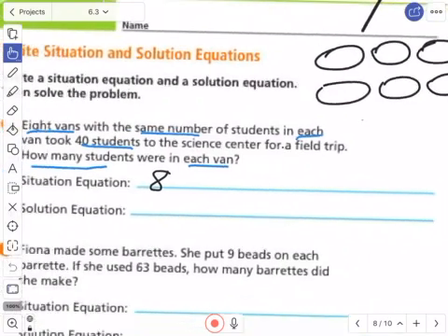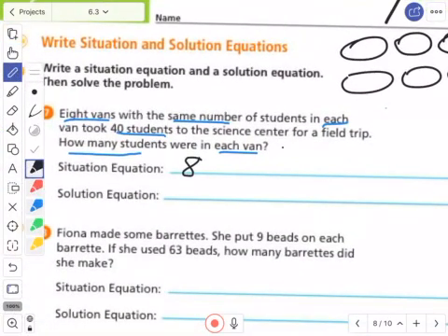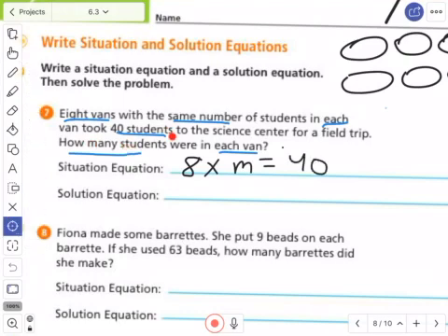So my problem really is going to be 8 times m equals 40. I don't know how many are going to go in each. So my situation equation is the equation that matches this. This is not what the real answer is right now. It's not my answer or anything.